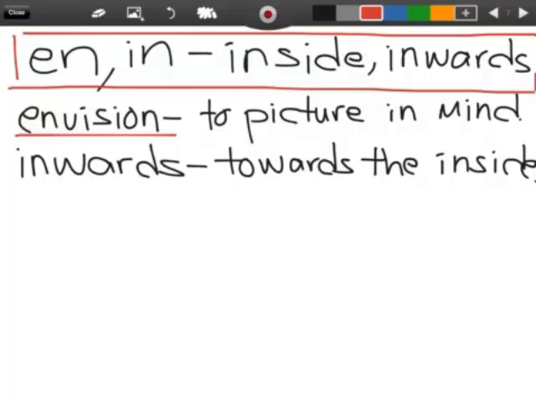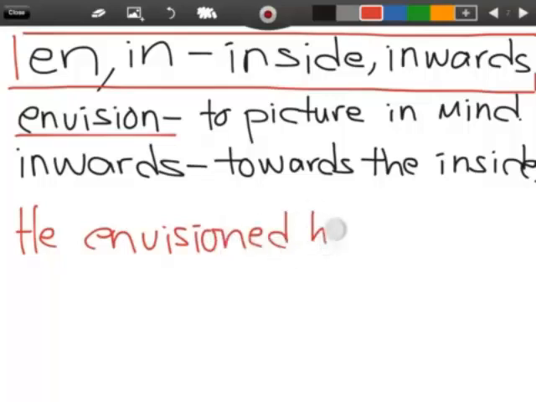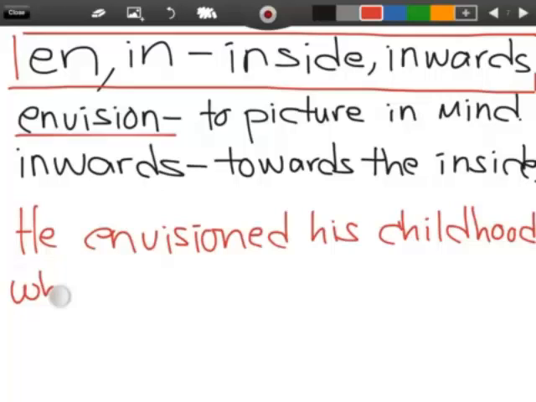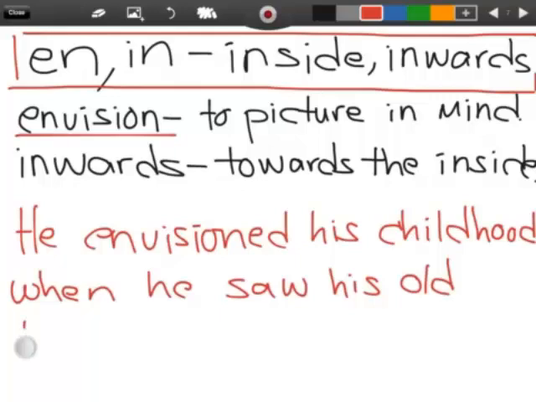I'm going to say, he envisioned his childhood when he saw his old toys. I'm going to go ahead and read that to you one more time. He envisioned his childhood when he saw his old toys.